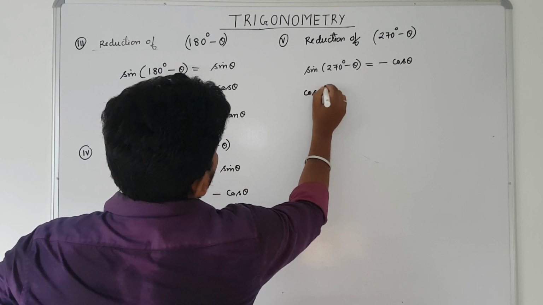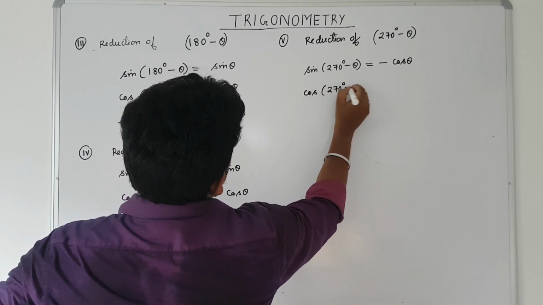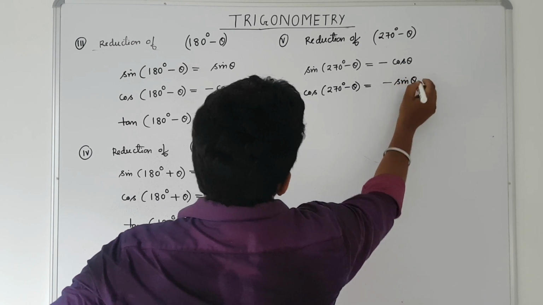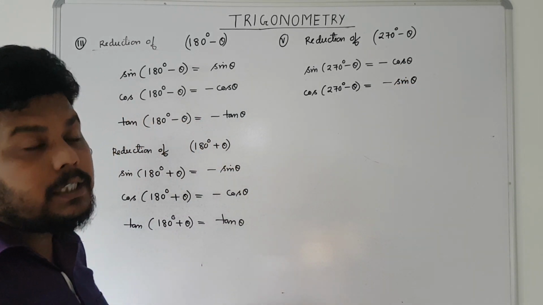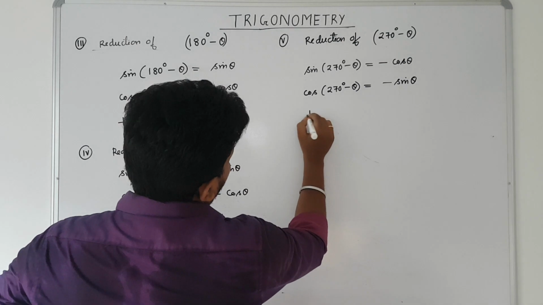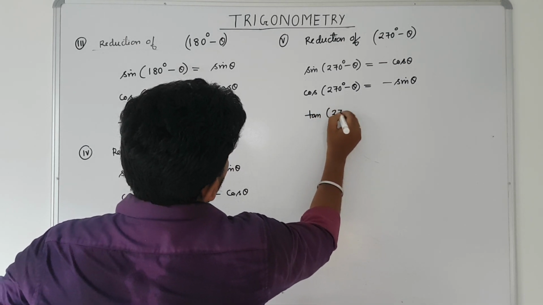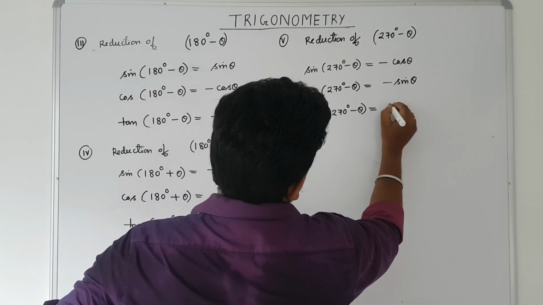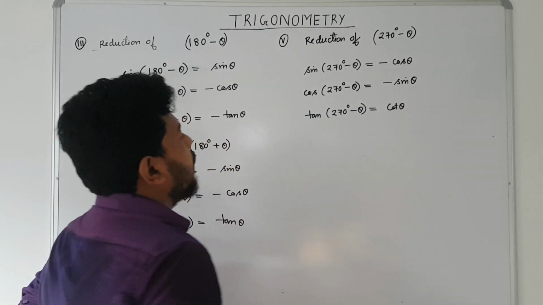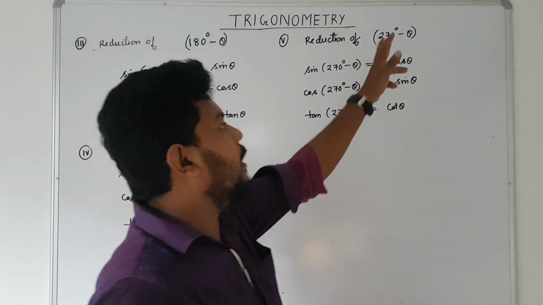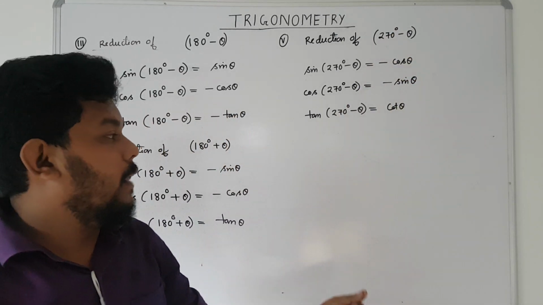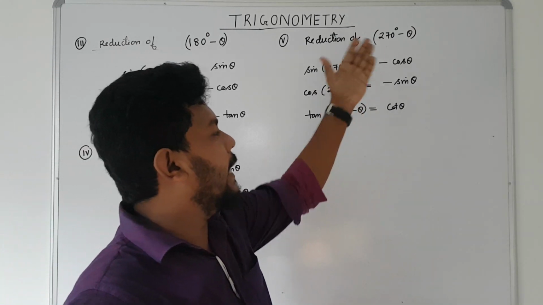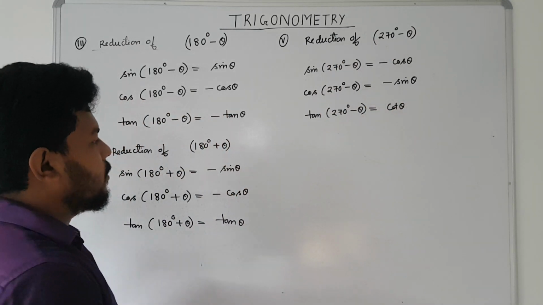Cos of 270 degree minus theta is equal to minus sine theta. In third quadrant again cos is negative, and tan of 270 degree minus theta is equal to cot theta. When I subtract angle theta from 270 degree, then the angle remains in the third quadrant. So in third quadrant sine is negative, cos is negative, and tan is positive.